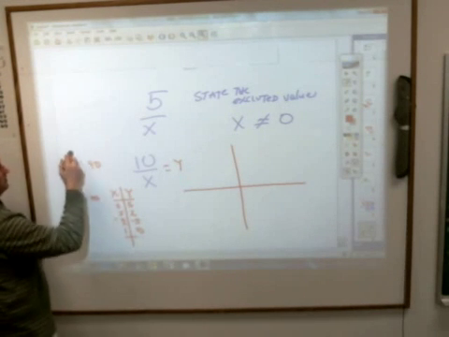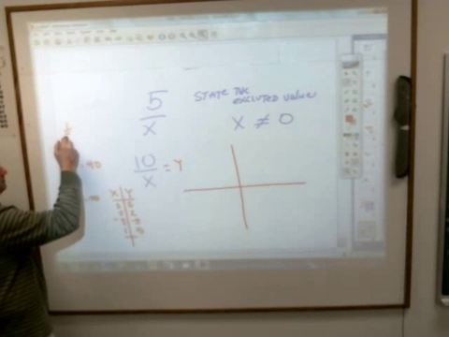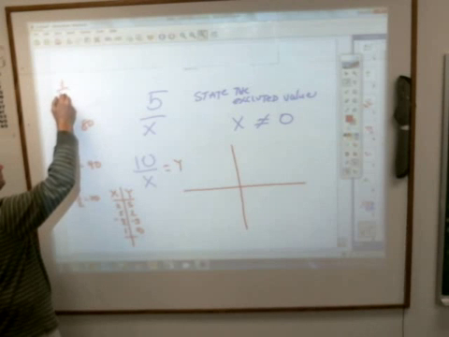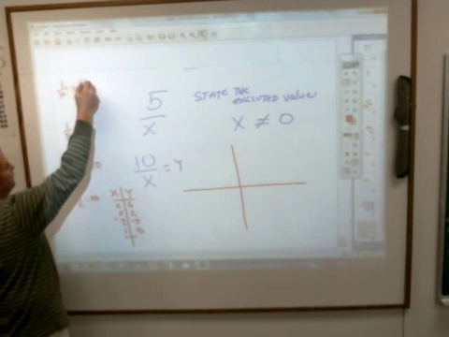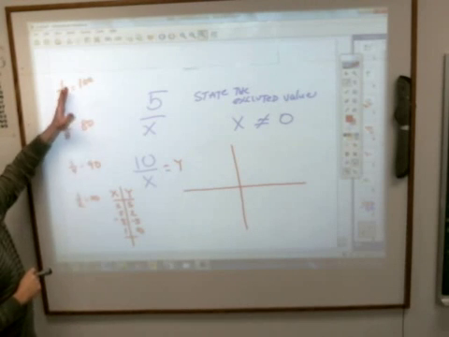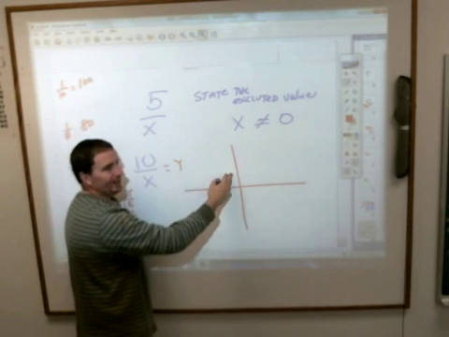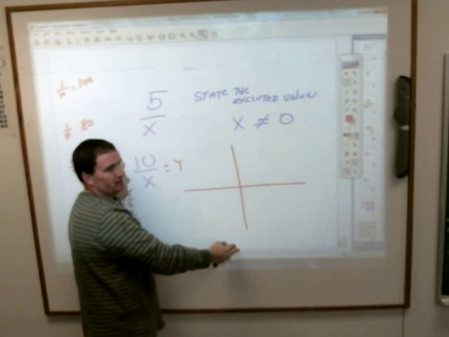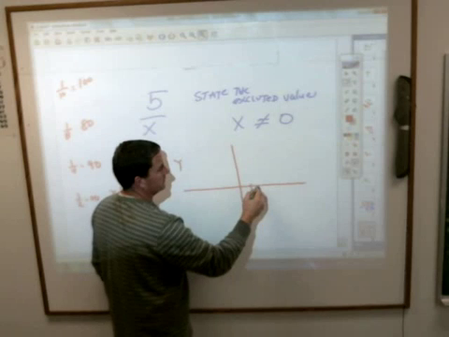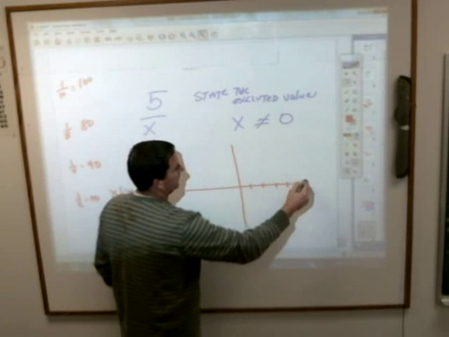If x was 1/8, if x was 1/10, okay, so if you are graphing this, the closer you get to the y-axis, what starts to happen? Well, let's just graph what we got here and you'll see. Let's go 1, 2, 3, 4, 5, 6, 7.